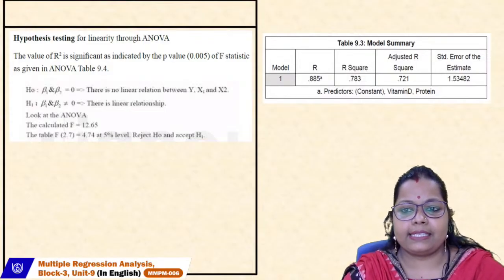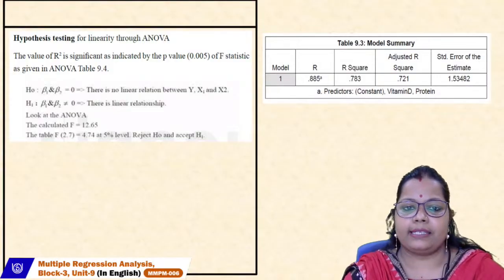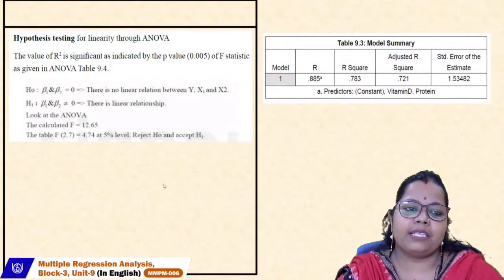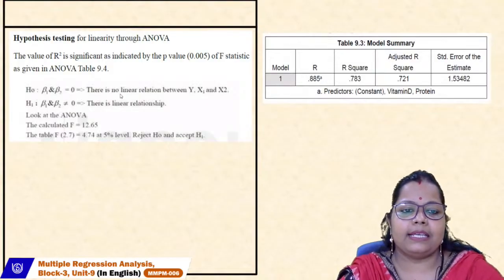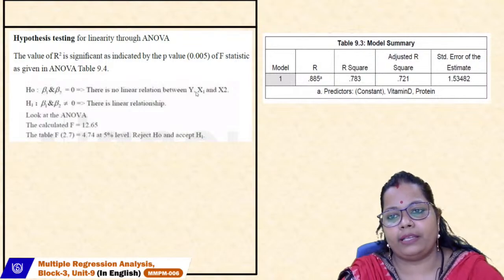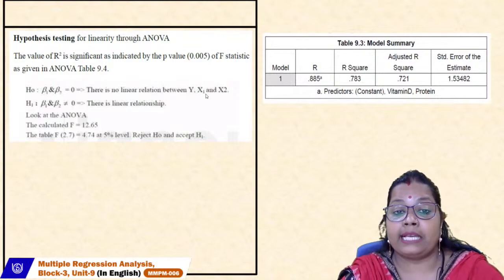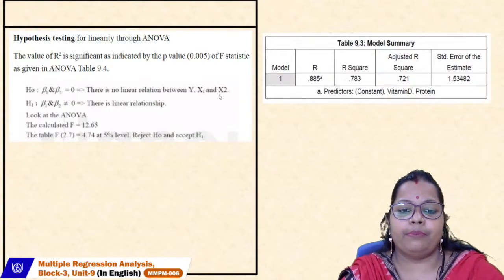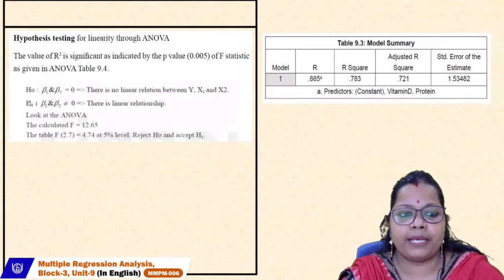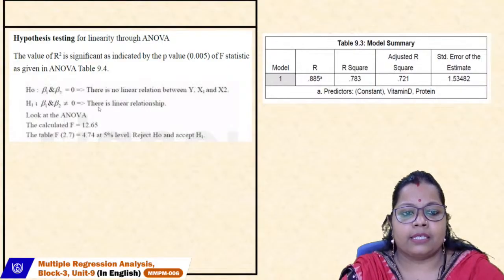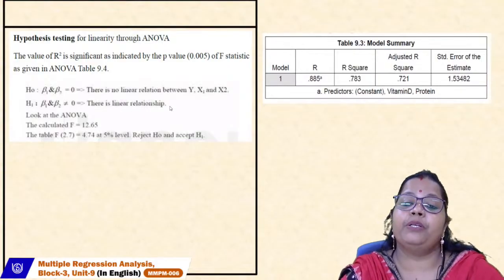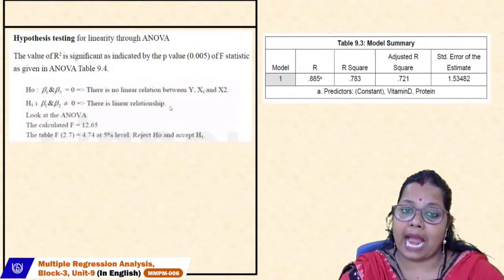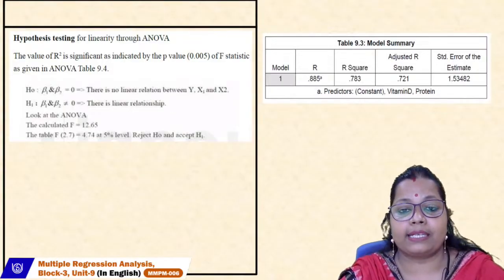So initially the researcher assumes in the null hypothesis that there is no linear relationship between Y, the dependent variable, and X1 and X2, the independent variables in the given problem. But H1 says there is a relationship between Y, the dependent variable, and the other two variables X1 and X2, the independent variables.